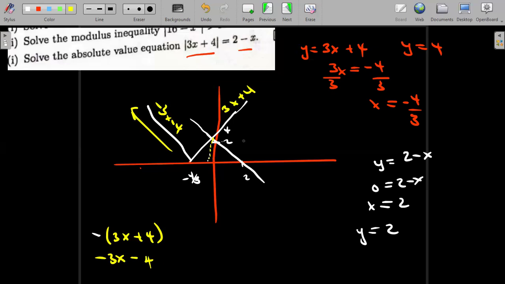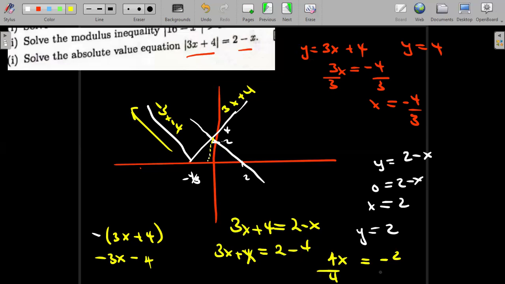So what you do is equate that positive part, 3x plus 4, to the linear equation which you had, which is 2 minus x. Then you solve for x. So 3x plus 4 is equal to 2 minus x. This gives 4x is equal to negative 2.